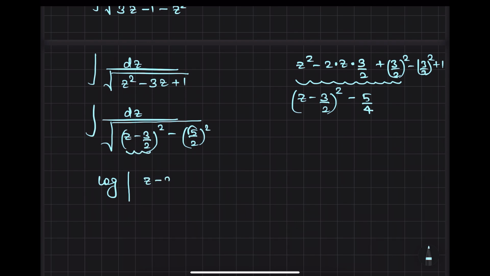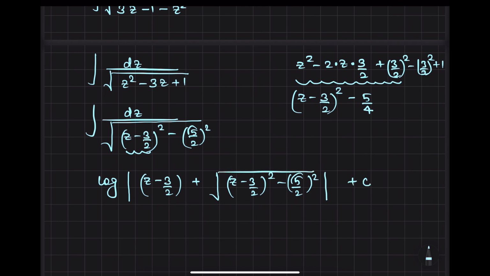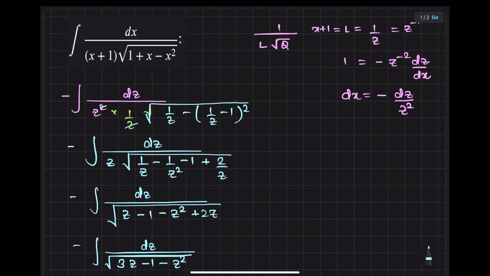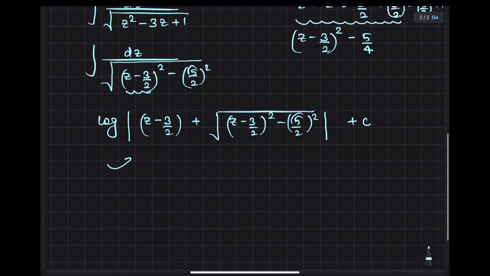So can I write log of (z minus 3 by 2) plus the same thing, root of (z minus 3 by 2) whole square minus (root 5 by 2) whole square, plus the integration constant c. Now you have to replace z. So who is z? z is 1 by x plus 1. So you can replace here to get the desired answer.